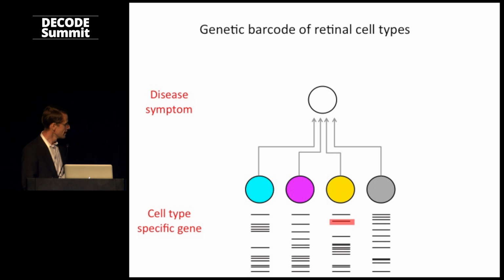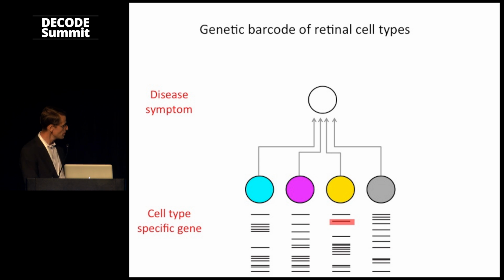Therefore, very simply, if you have a mutation in a specific gene, and I'd like to mention that there are many monogenic diseases of the eye, so if you have a mutation that hits a cell type specific gene, and this cell type is important for the function of that circuitry, of that movie that it computes, then one might expect to get a disease symptom. Probably not explaining all the symptoms, as we heard, but a specific disease symptom.